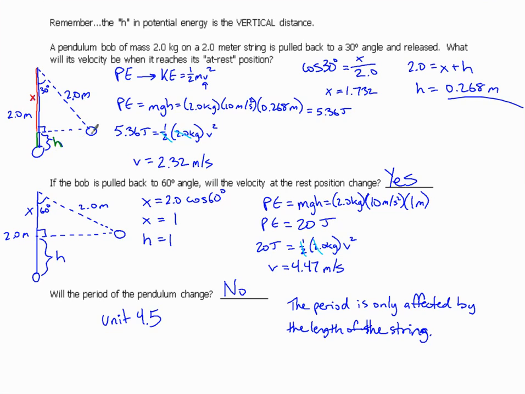So you pull it back this far, and it's going to go out and back in a certain amount of time. You might think that pulling it back farther, yes, it's got more to travel, but it's going to be moving faster. This is how much it was traveling in the first scenario. This is how much it was traveling in the second scenario. So yes, there's more distance to cover, but it also has a much higher velocity, and the period is going to remain the same. The only factor is the length of the string.